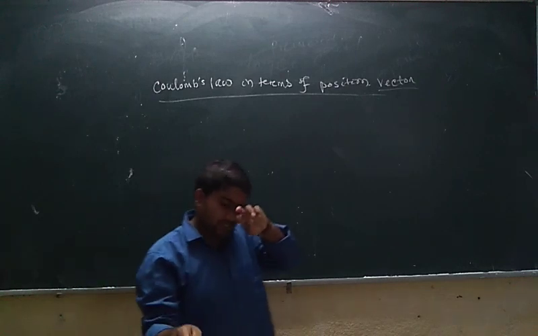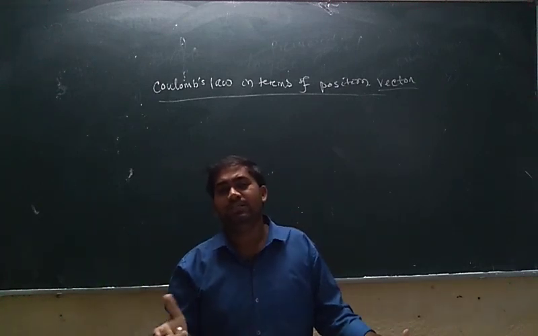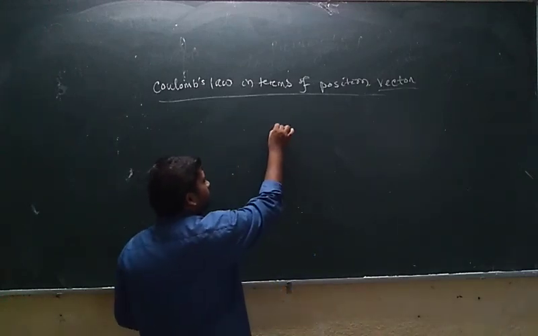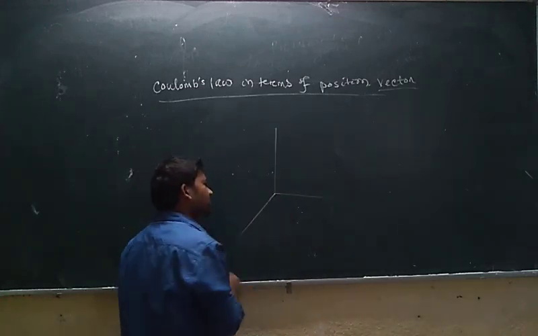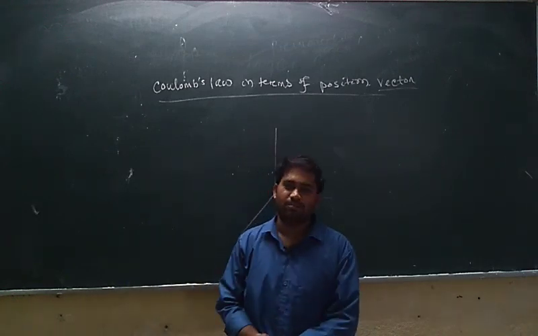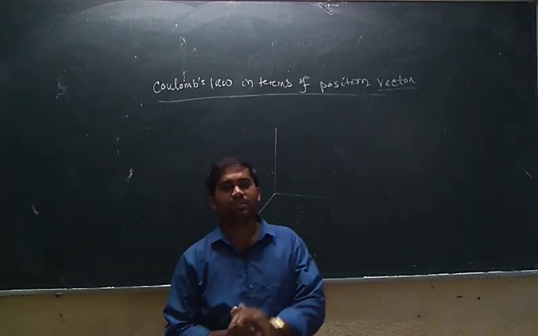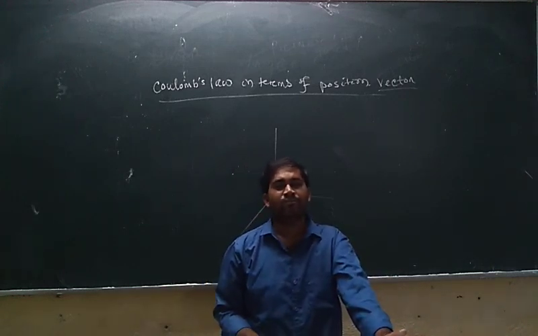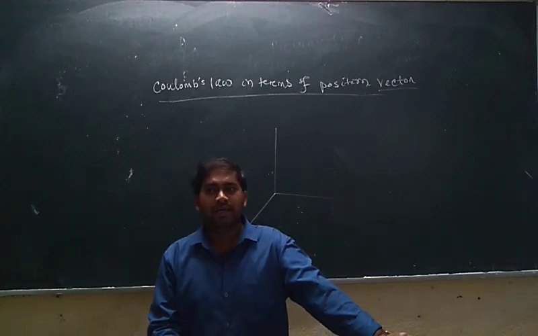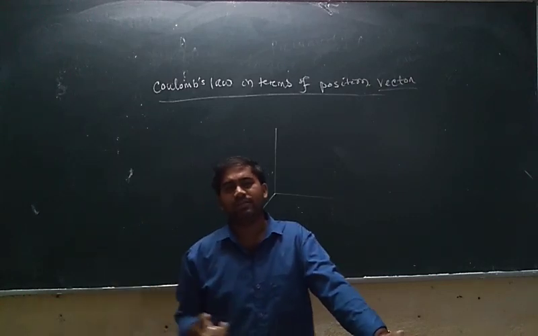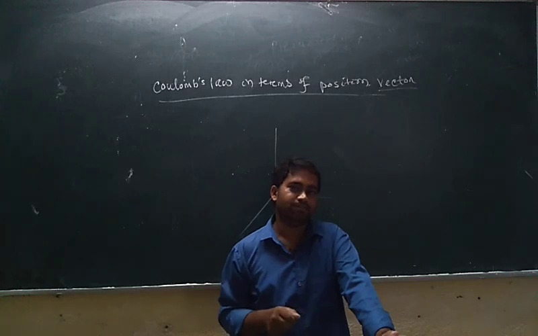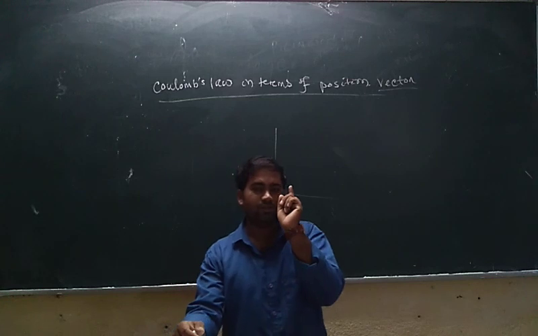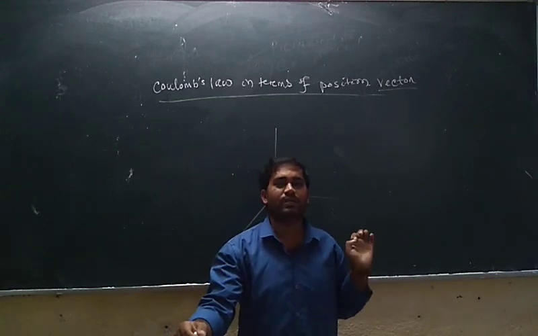First, tell me what is a position vector. A position vector means when we place any charged particle in a coordinate system. Coordinate system means we define one dimension, two dimension or three dimension. When we place a point charge on that coordinate system, there is a line that joins the charge from the origin of that coordinate system.